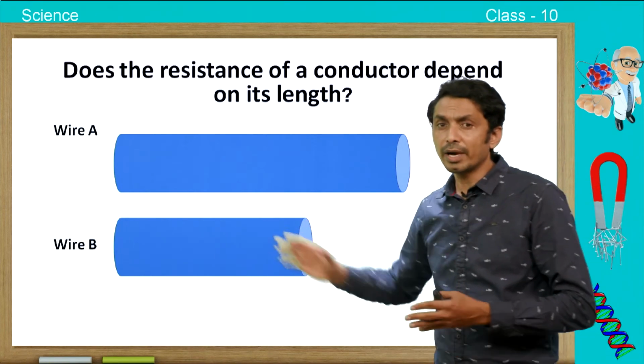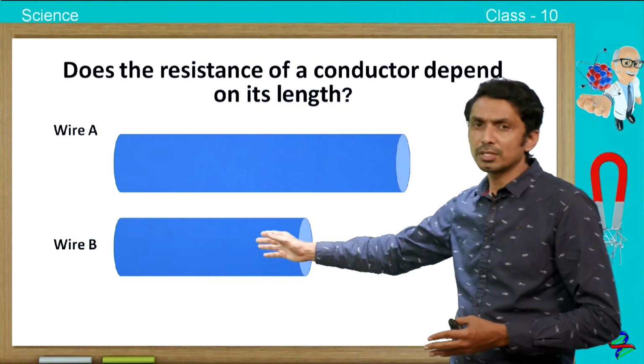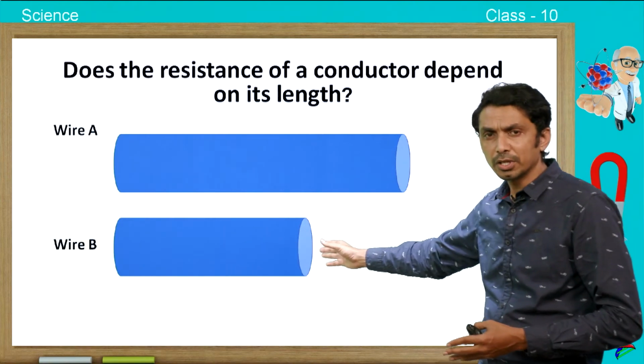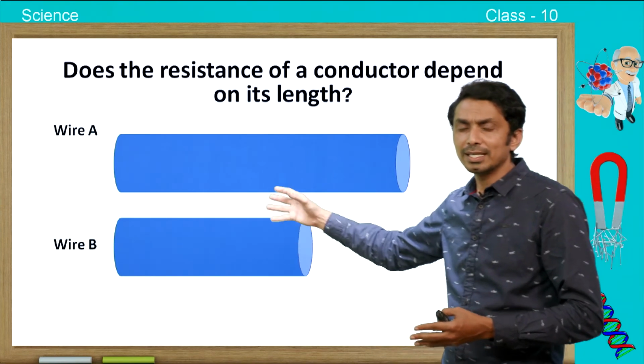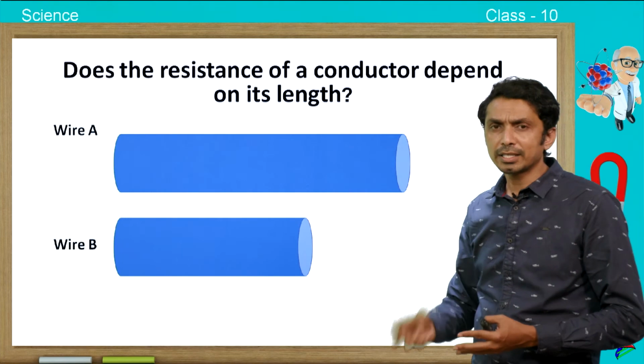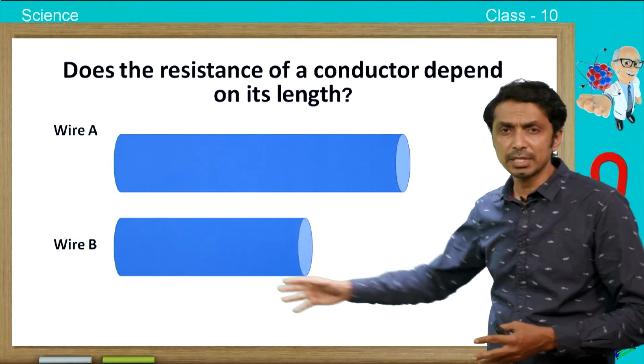Whereas in this wire, which is of shorter length, the free flow of electrons can be very quick because it has a lesser distance to travel. That means lesser attractions by atoms or collisions between neighboring atoms happen here.